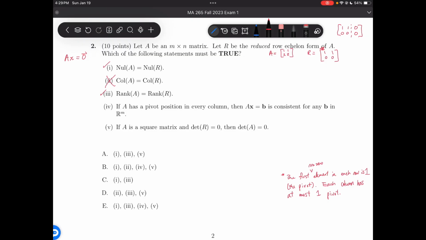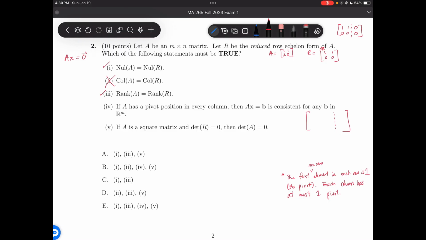Okay, statement 4 says, if A has a pivot position in every column, then AX equals B is consistent for any B in Rm. Okay, so recall that one definition of inconsistency is when we have an augmented matrix.